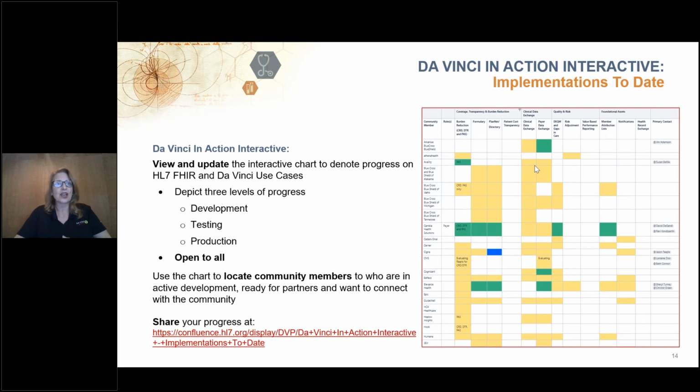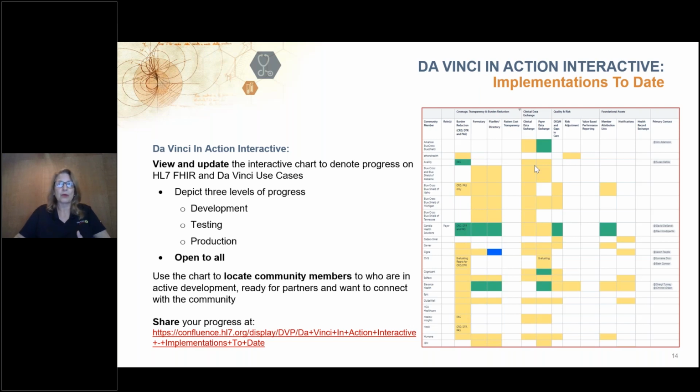The Da Vinci Project has launched an implementation chart for all of industry to use, not just the Da Vinci membership. We invite everyone to share your API implementation progress with deploying Da Vinci use case specifications, whether you're in development, testing, or production.